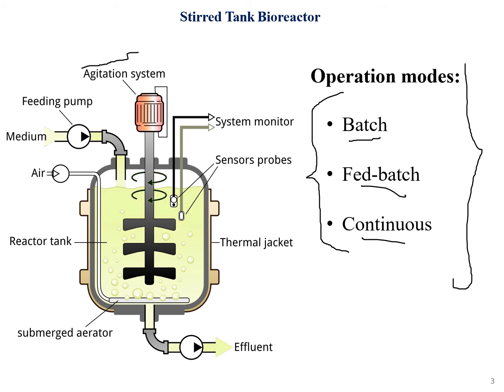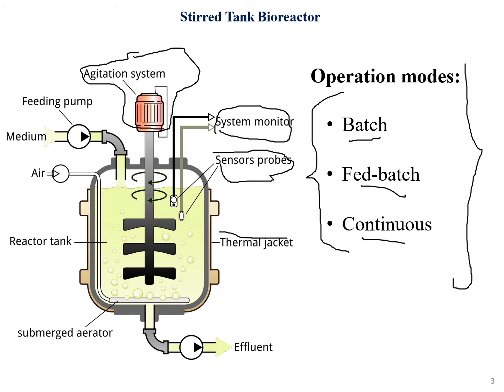Alright, in this stirred tank, as you can see, there is an agitation system that is very much essential for every bioreactor. It has a system monitor, a sensor probe, a thermal jacket which is prevalent for every bioreactor, an effluent for release of waste substances, a submerged aerator, and a reactor tank.